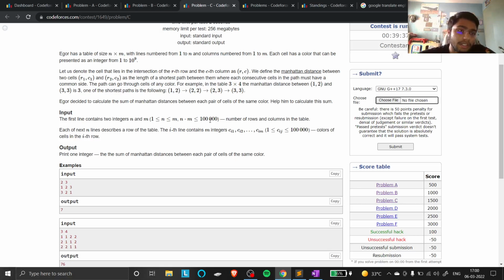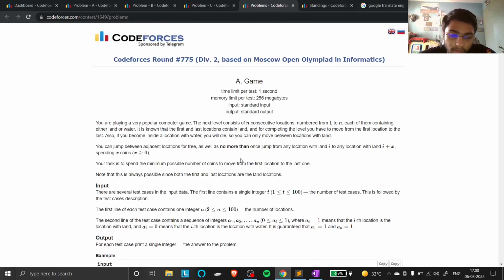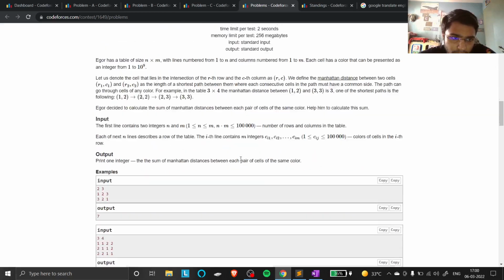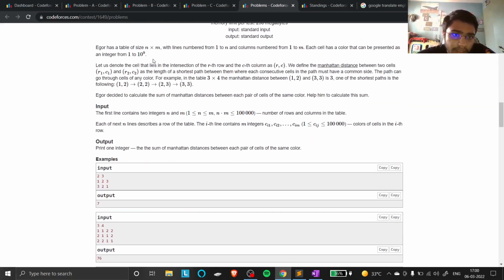Okay, let us try C also. Eager has a table. Each cell has a color that can be represented with an integer. Let us denote the Manhattan distance between two cells as the length of the shortest path between them, where each consecutive cells in the path must have a common side.